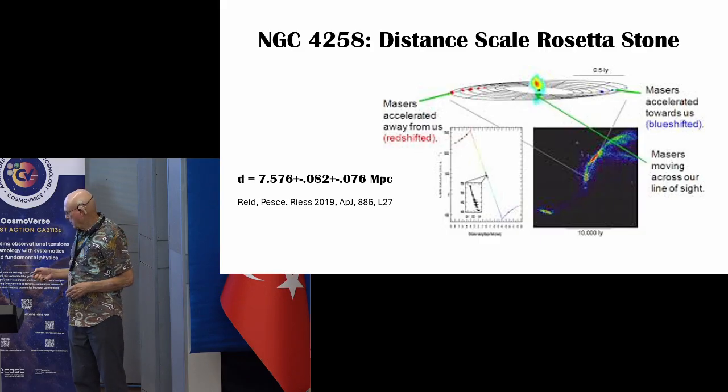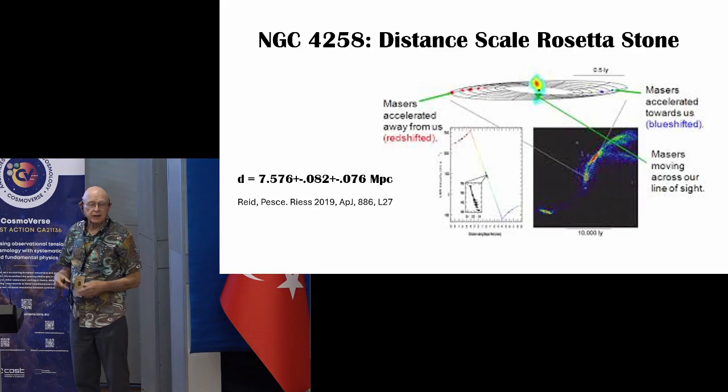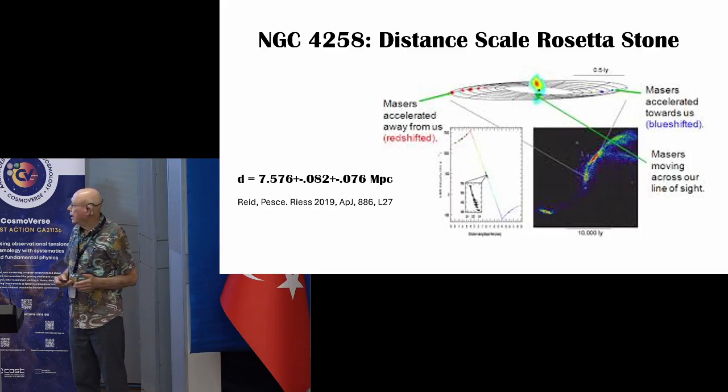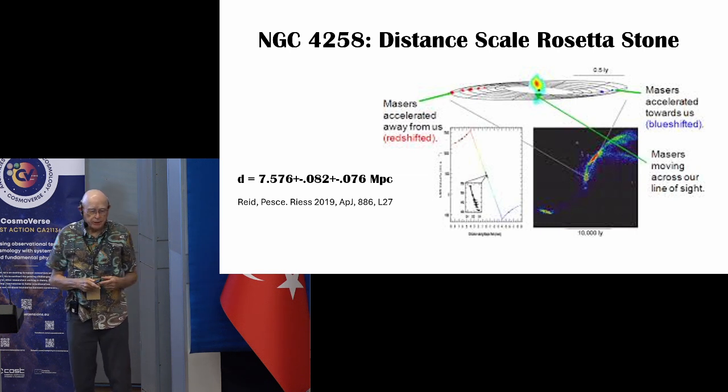It's been measured that this galaxy has a distance of 7.576 megaparsecs, and it's considered to be known to about 1 or 2%. So going forth in this talk today, I'm going to be using this as my zero-point calibration.